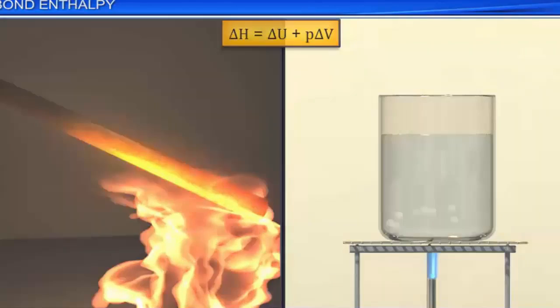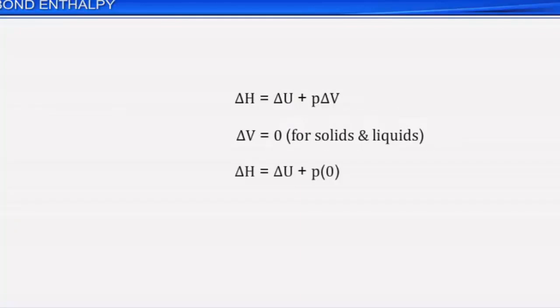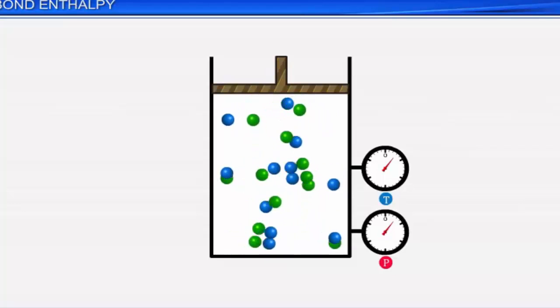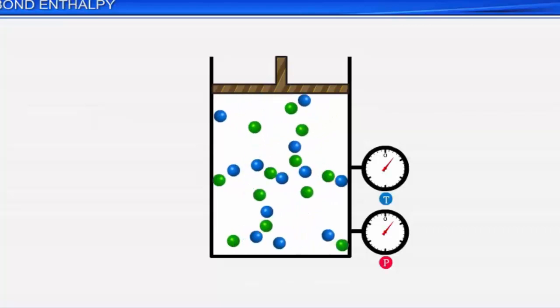Thus, if change in volume, ΔV, is insignificant, it implies that change in enthalpy, ΔH, equals change in internal energy, ΔU. The difference becomes significant when gases are involved in the reaction.